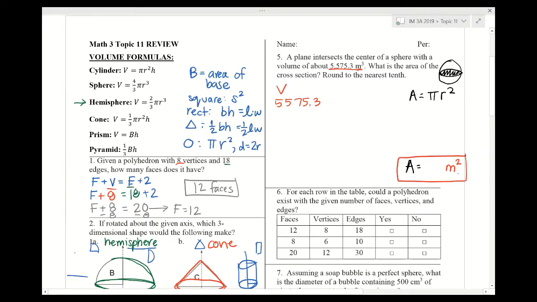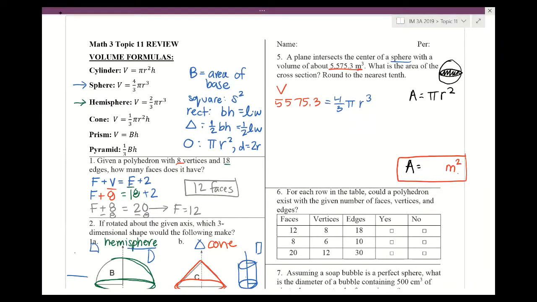So since this is talking about a sphere, not a hemisphere like we were talking about last time, I'm going to use the equation volume is 4/3 times pi r cubed. So I'm setting the 5,000 number equal to 4/3 pi times radius cubed. So ultimately it's the same process.